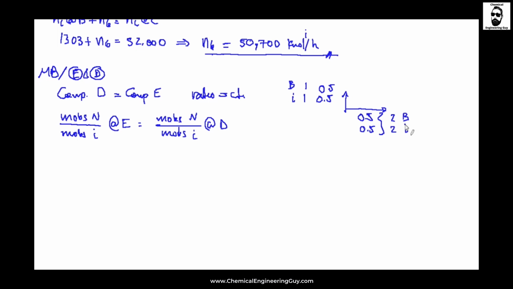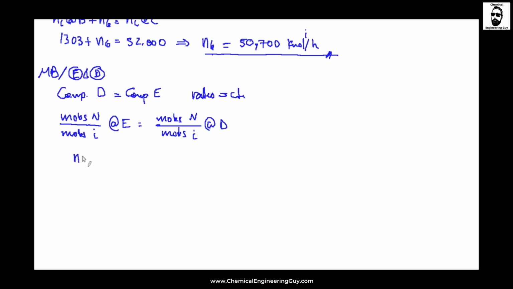You have different amounts, but you can relate butane divided by I is 1 divided by 1 in here, so you're going to have 1. If I do the same here, I divide butane and I, 2 divided by 2, this is 1. So you can see the ratios or the relationships are constant. So that's what I'm doing, and hopefully you understand it, because it's a very, very important concept, and I'm going to use it.